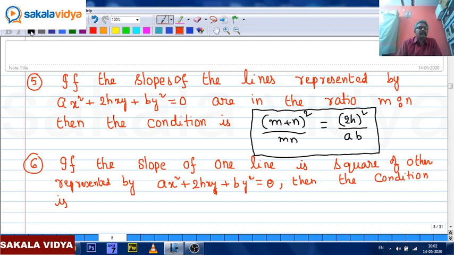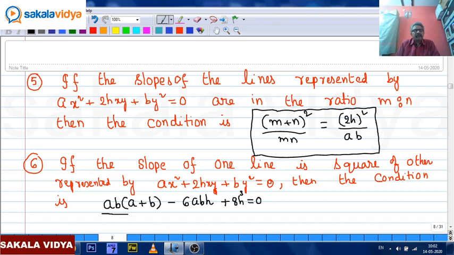The condition is ab times a plus b minus 6abh plus 8h cube equals to 0.